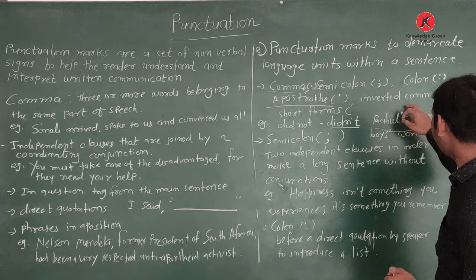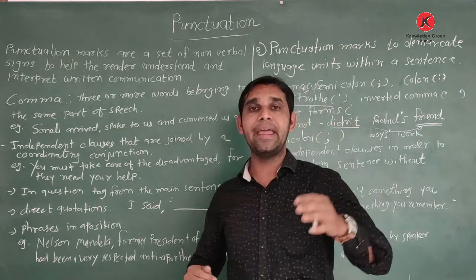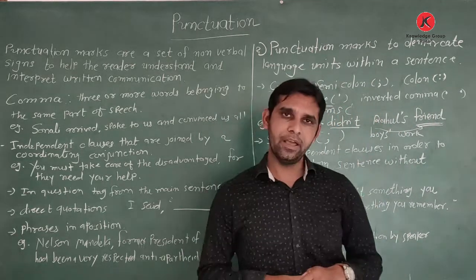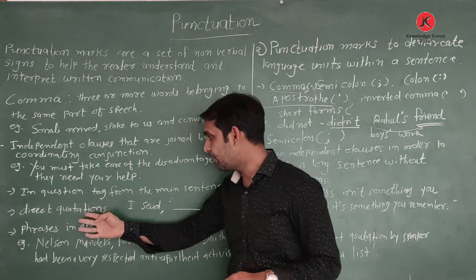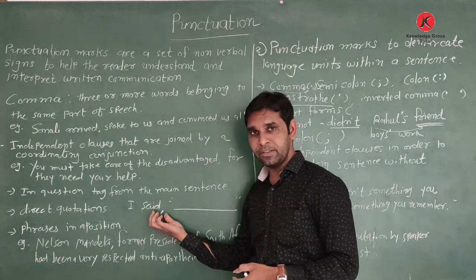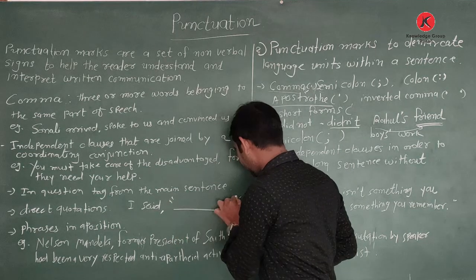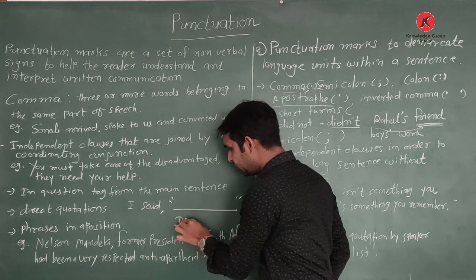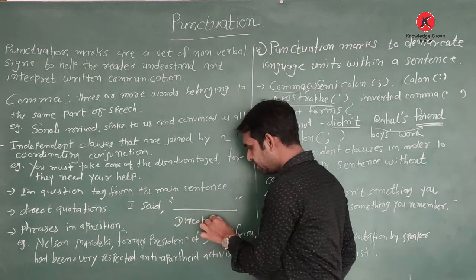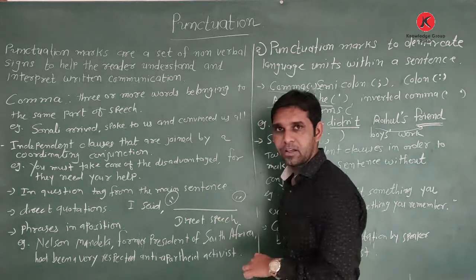Then comes to the inverted comma. Where do we use the inverted comma? In direct speech we use the inverted comma. Here is the example of the quotation, but here I gave the example of comma; in the inverted comma, direct speech is used. In which direct speech do we use the inverted comma?